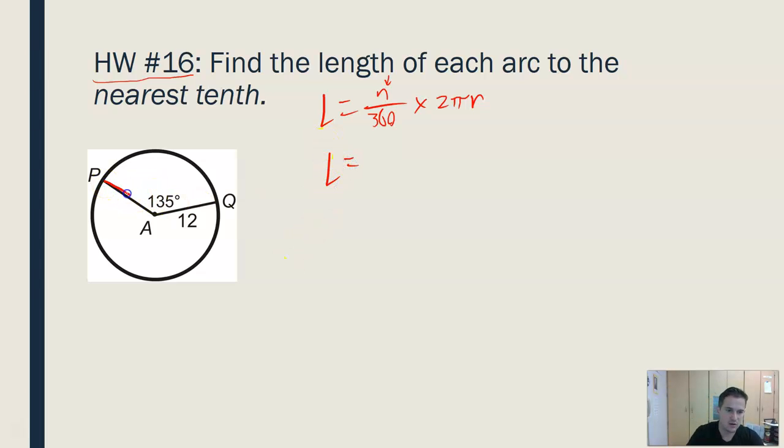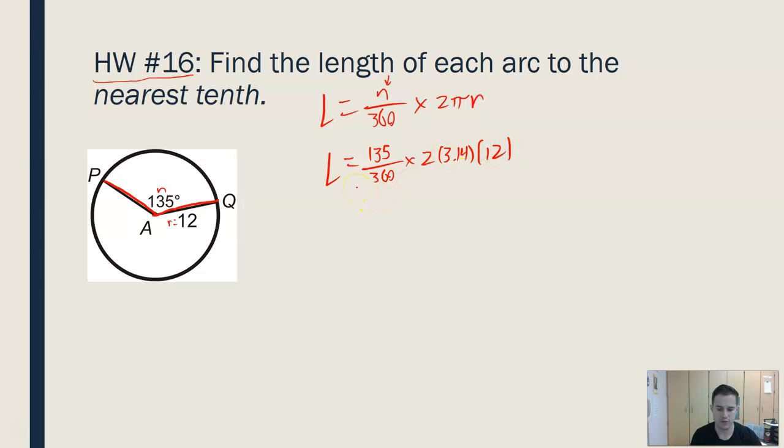Well, the angle in between these two radii that I'm talking about is 135 degrees, and the radius, it looks like, is 12. So the arc length is going to be 135 divided by 360 times 2 times pi times r, or times 12.